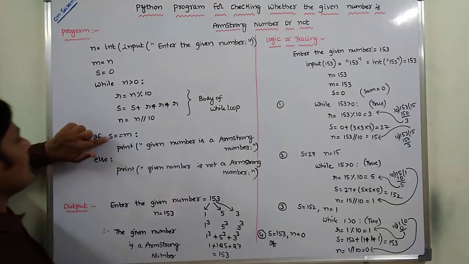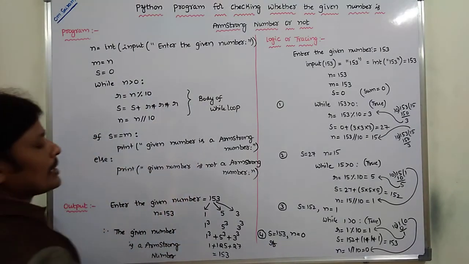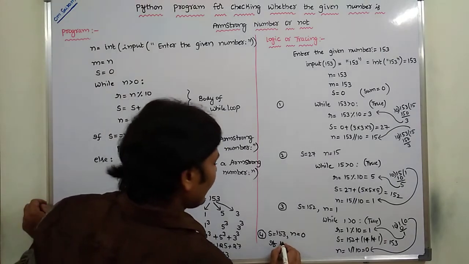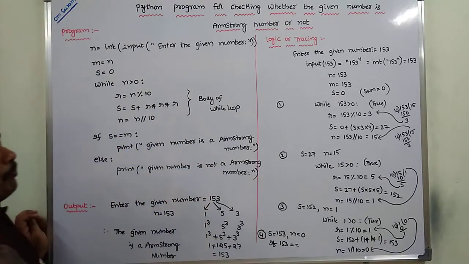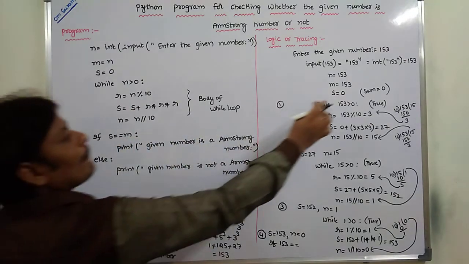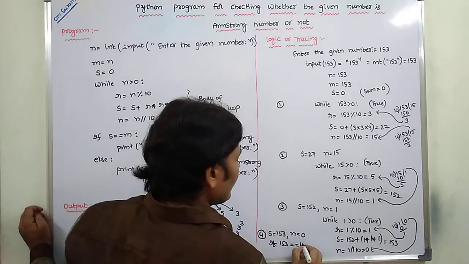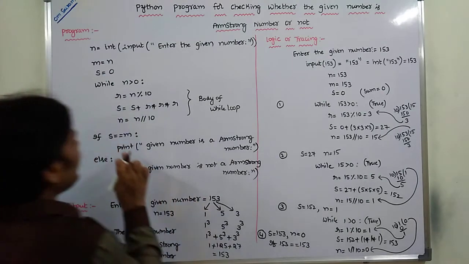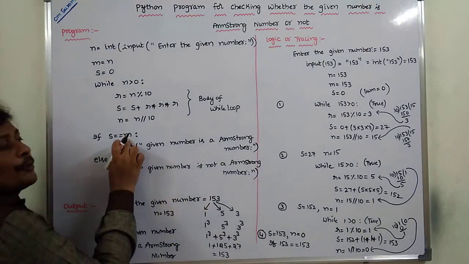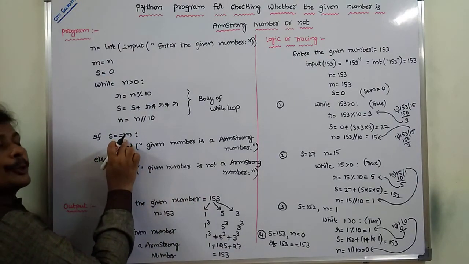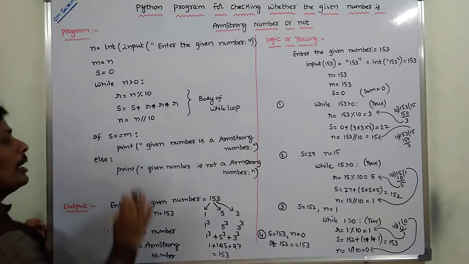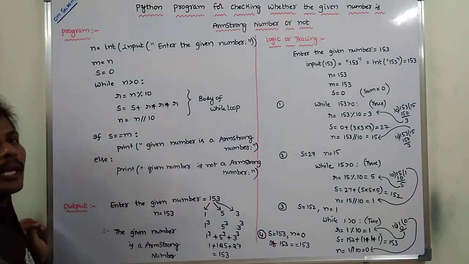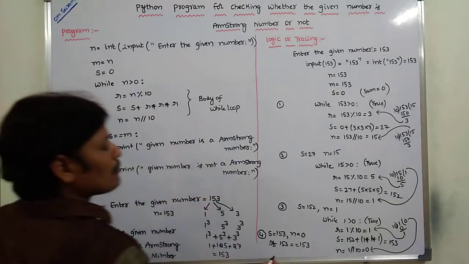Now go to this statement: if s is equal to m. The s value is 153. 153 is equal to m. What is the m value? 153. So 153 is equal to 153. The condition is true. Then the control goes to the statements within the if block. What is the statement in the if block? Print that the given number is an Armstrong number.